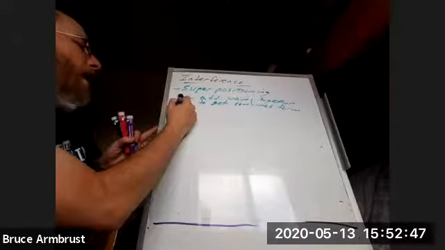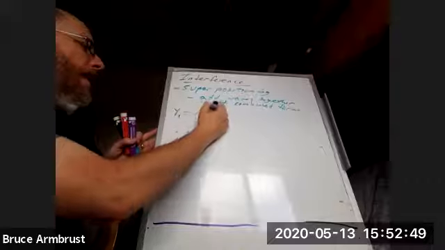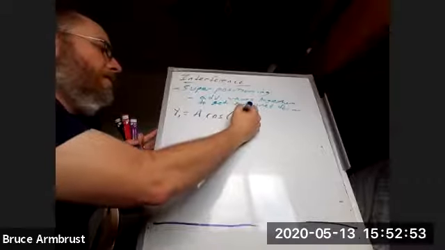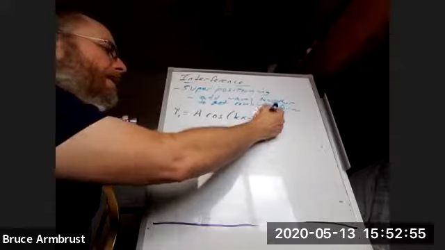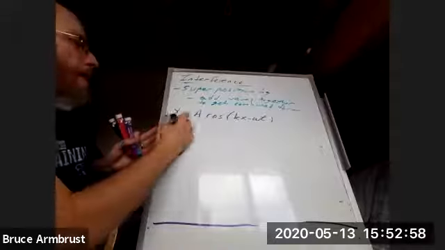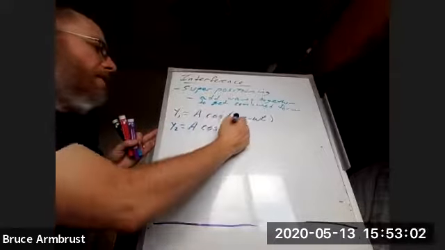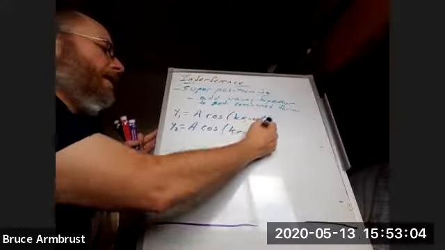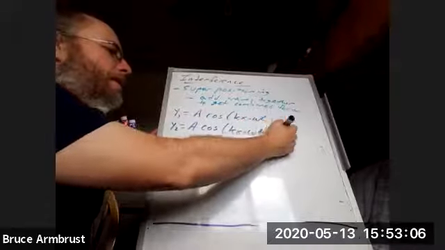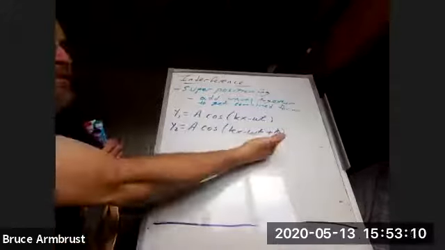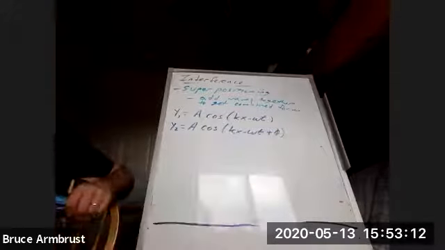So let's say that y1 is A times the cosine of kx minus omega t. And then y2 is going to be A cosine of kx minus omega t plus phi. So that just means that they're not necessarily in phase.